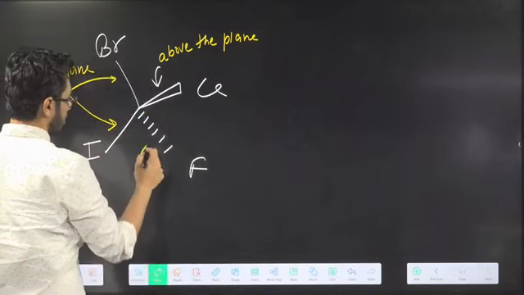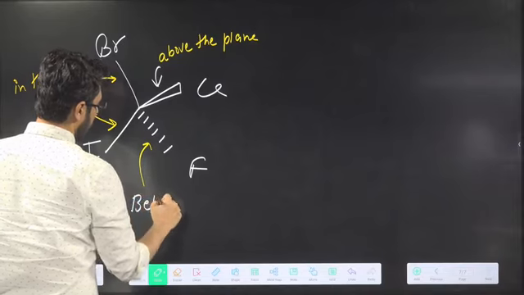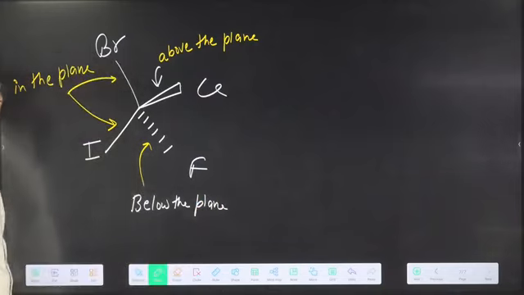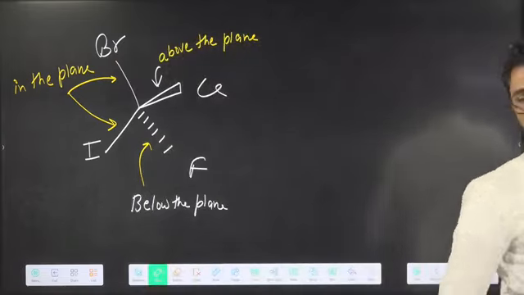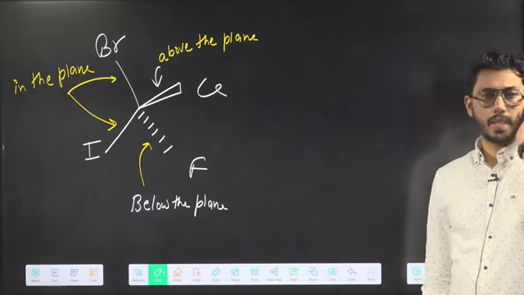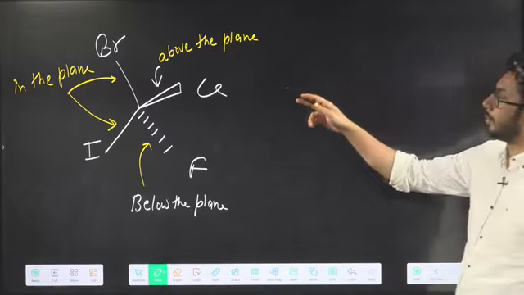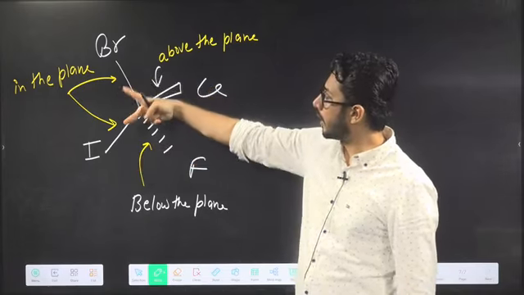And this is dash. This is dash, which is fluorine, below the plane of the board or away from the observer. That is the meaning of wedge dash representation. Okay? So when you read NCERT, you will understand that paragraph which is given. Yes, fluorine on dash means it is below the plane, Cl is above the plane, outside of the board coming out, and these two, bromine and iodine, are in the plane.